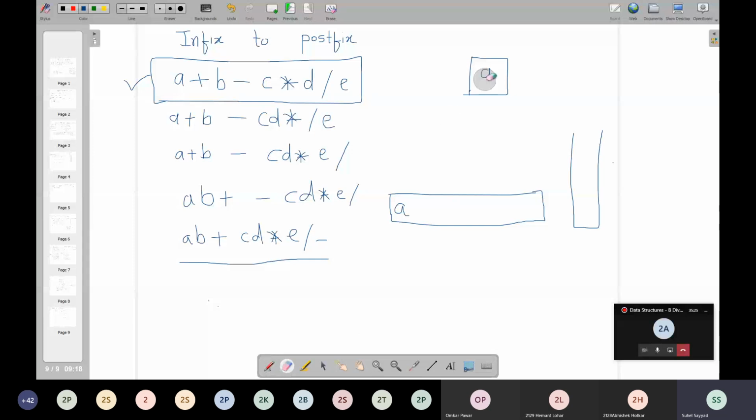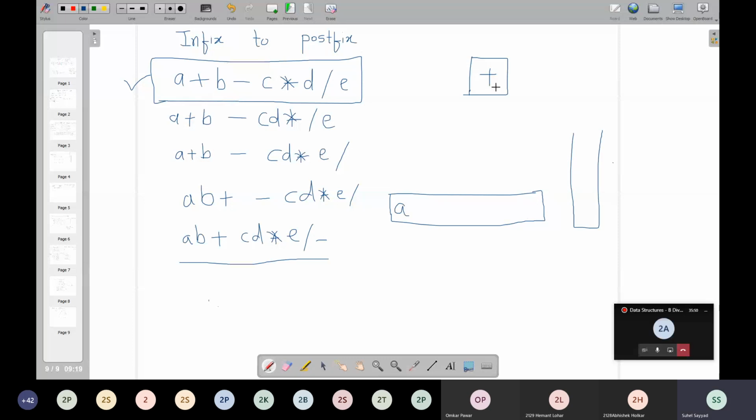Next symbol that I scan is plus. What is plus? It is an operator. So if it is an operator, it has to do something with the stack. We'll check the precedence of the operator present on top of stack with the precedence of the operator that we have scanned. Right now there is nothing on top of stack, so its precedence is assumed to be less.